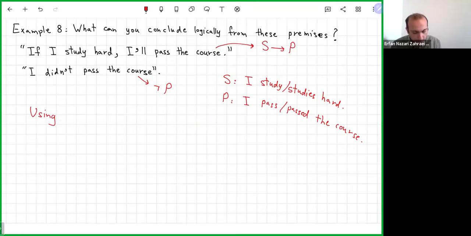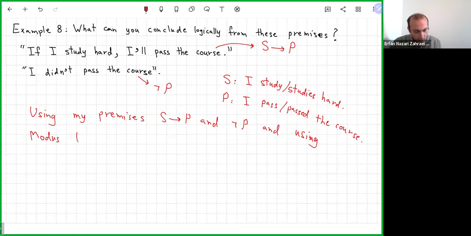using my premises or assumptions, S implies P and not P, and using modus tollens, I can conclude not S. And now I translate this back into an English sentence.